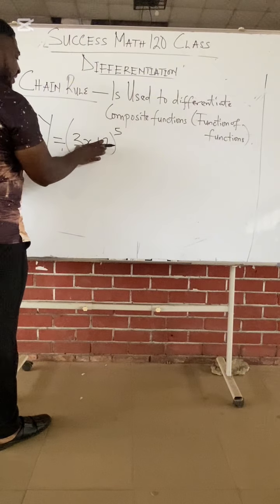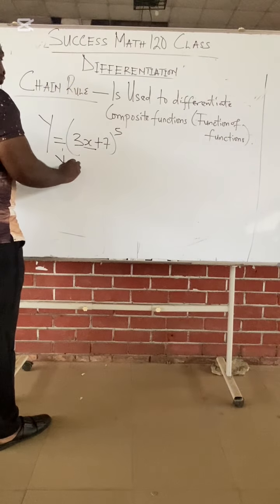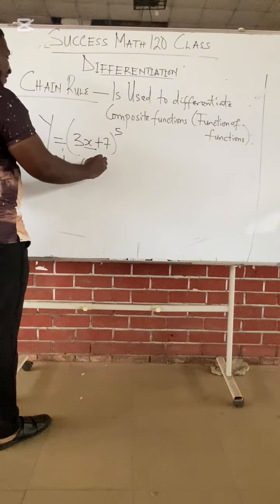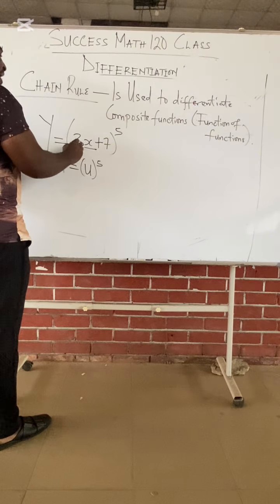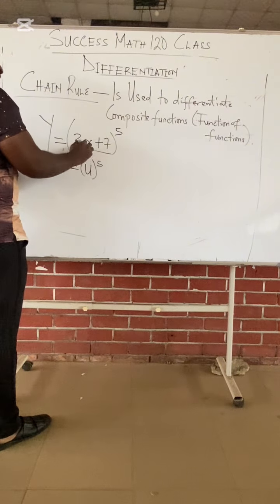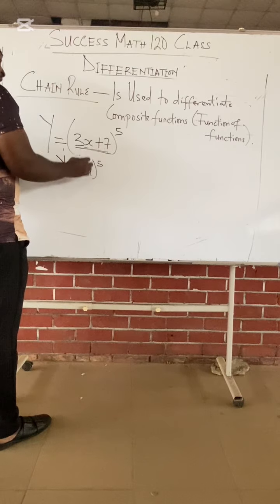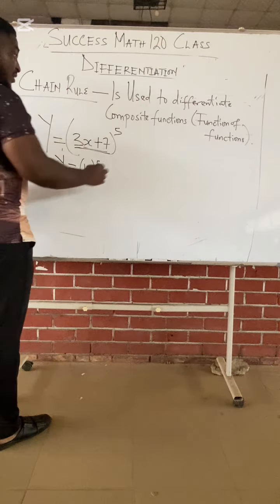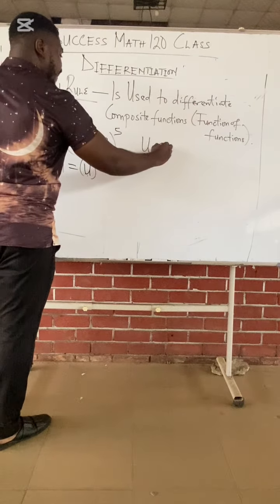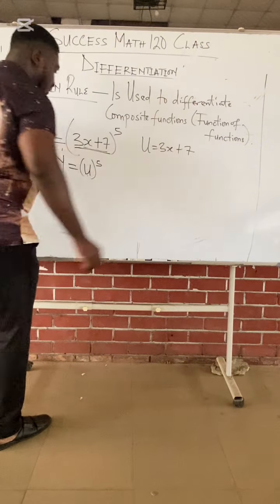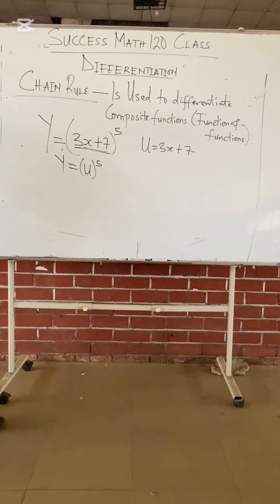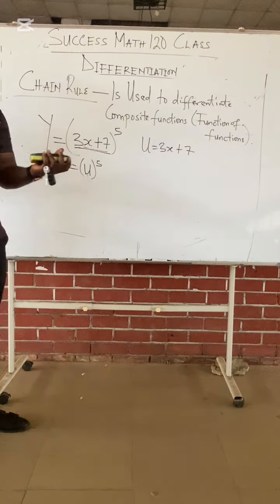So replace everything inside the bracket with u, so that y equals u raised to power 5. It means you let u be equal to 3x plus 7. Substitute the function inside the bracket with u.